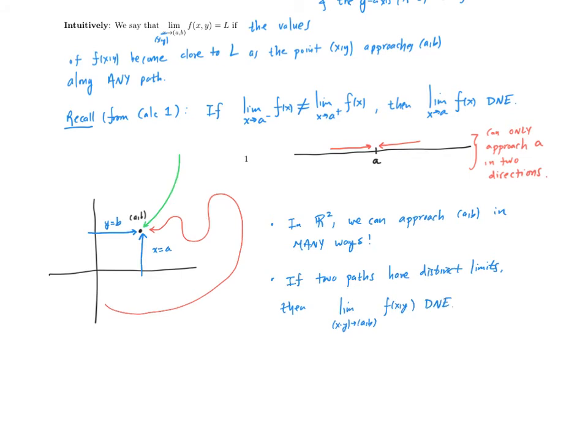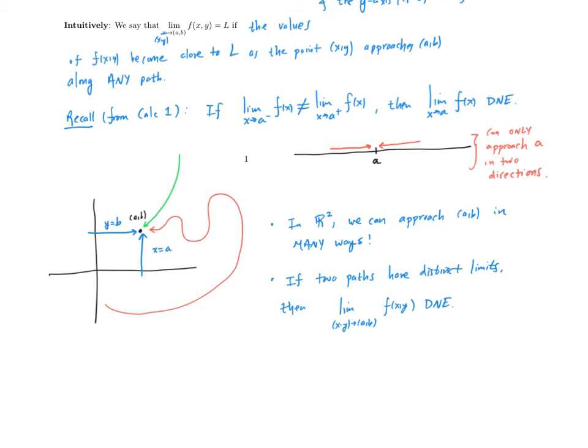And this idea is very similar to what we saw back when we were in Calculus 1. If the limit from the left and the limit from the right are not equal to each other, the limit itself does not exist. So same idea here. If you have a limit along two different paths that give you distinct limiting values, the limit will not exist. It needs to have a single value.